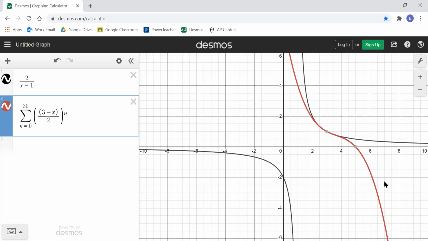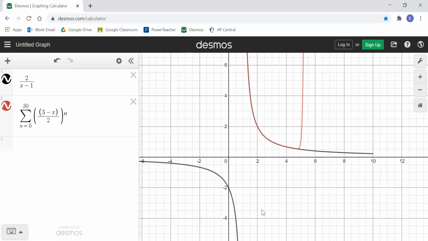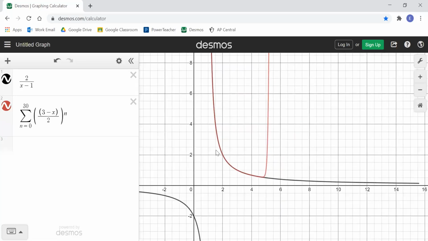And let's just say 30 or something like that. And it sure looks like between 1 and 5, that is very similar, right? Good or no? Any questions?